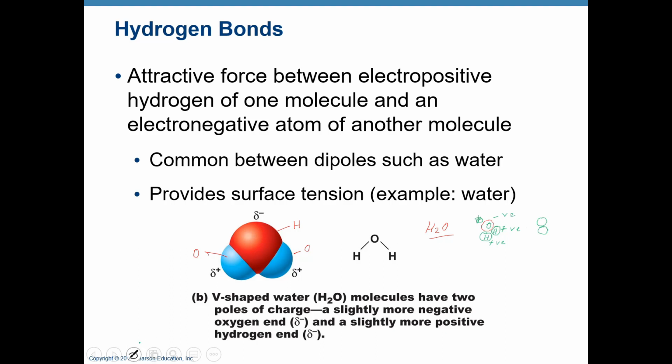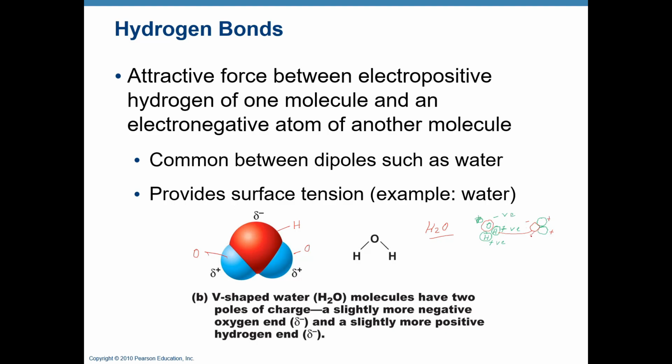H2O. So these are positive and this is negative. When these two water molecules come close to each other, what happens? You see, this is negative oxygen and this is positive hydrogen.